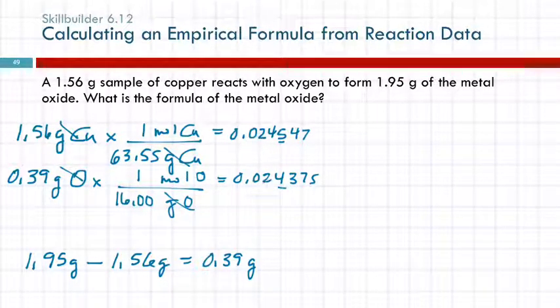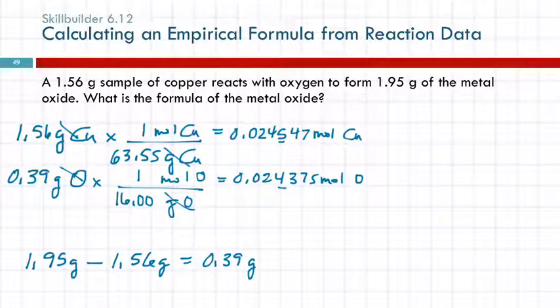These numbers here are a lot smaller than the numbers we were seeing in previous problems. That's okay. This is just a smaller quantity that we're looking at, that's all. So that's my moles of copper and my moles of oxygen.